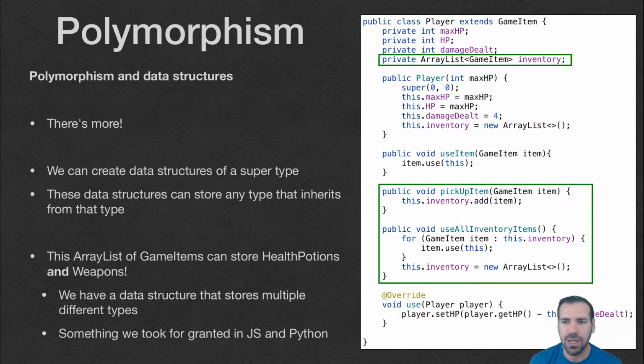You can put a double, an int, a string, a boolean, and a dictionary all in a single list. And Python's just like, yeah, whatever, because it's not strongly typed. It doesn't care. In Java, we have to do a lot of work just to get health potions and weapons in the same array list. But we finally did get there with polymorphism and embracing strong typing. We have this array list with mixed types. Very nice, very handy to have.